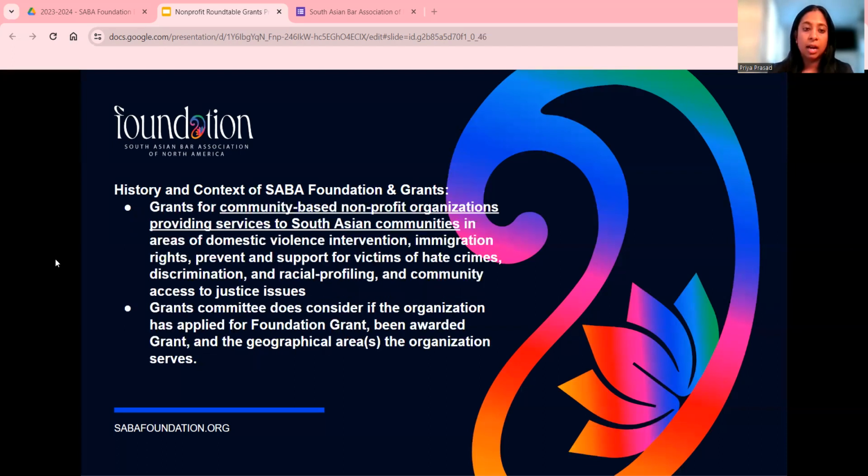Great. So there are a series of types of services that your organizations may be providing to the South Asian communities where you're serving. And this could be domestic violence intervention, immigration rights, prevention and support of victims of hate crimes, discrimination, racial profiling, community access to justice at large.